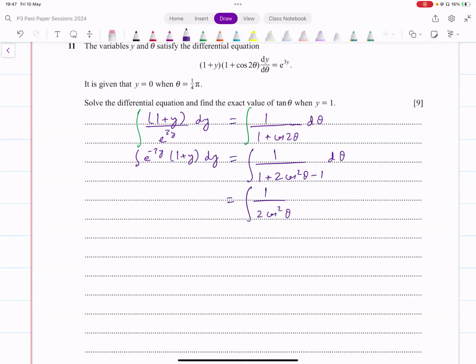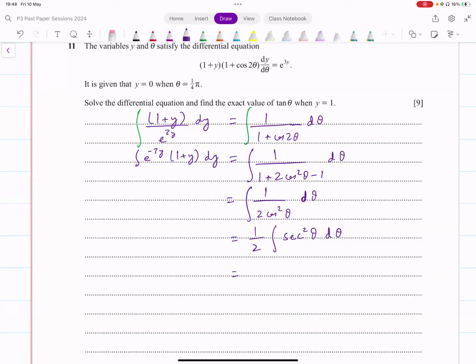And this we know how to integrate. We can take cos square theta to the numerator. So it becomes 1 over 2 into integral of secant square theta, right? So 1 over cos can be written as secant.